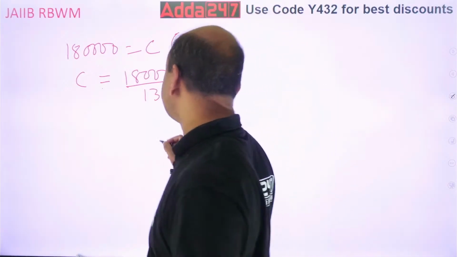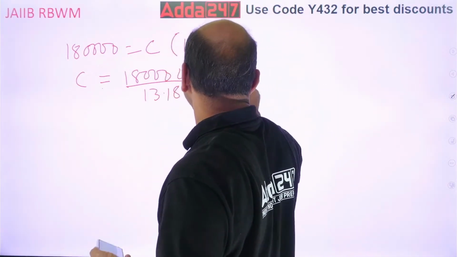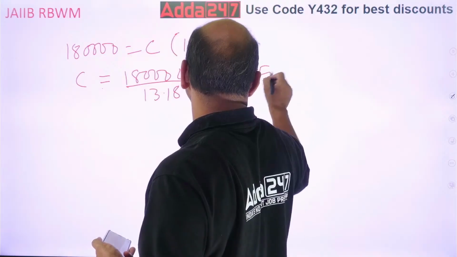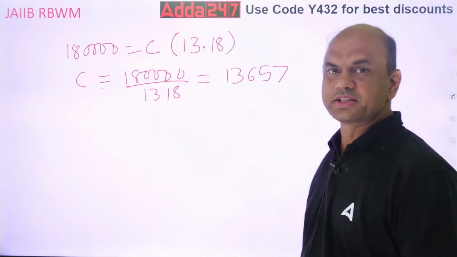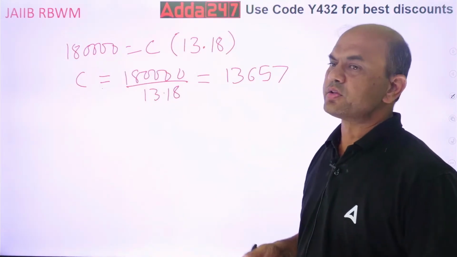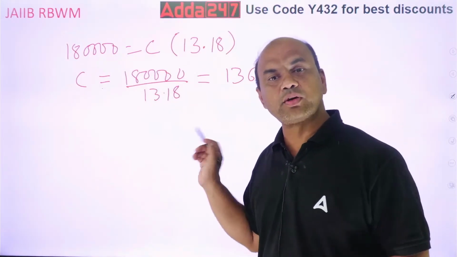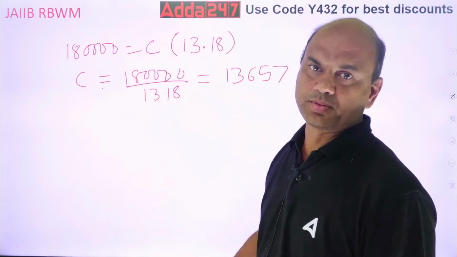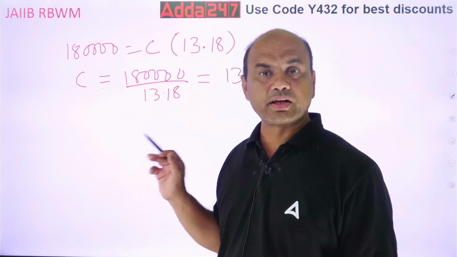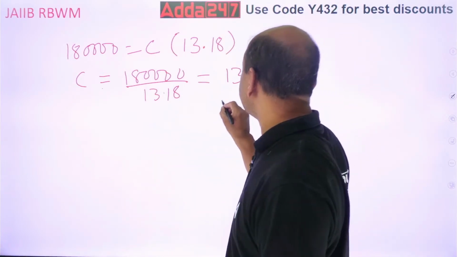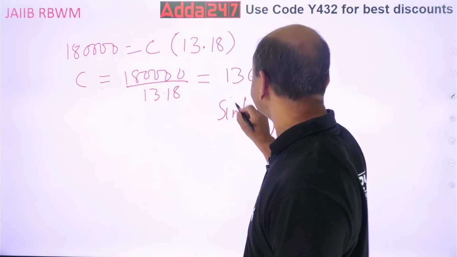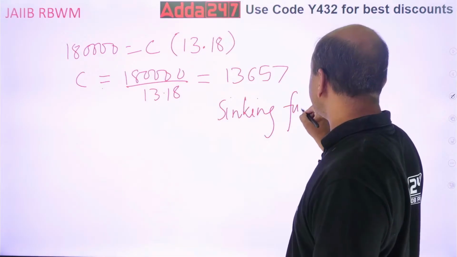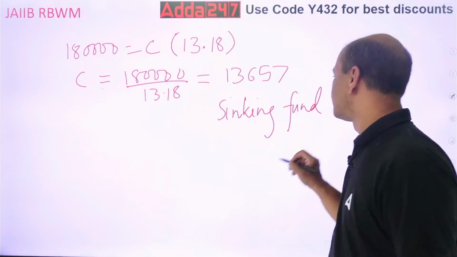Are you getting the same? 13,657. This case study comes in the exam. So this is your sinking fund amount which you have to keep, so that at the end of the period you are able to replace the machinery.